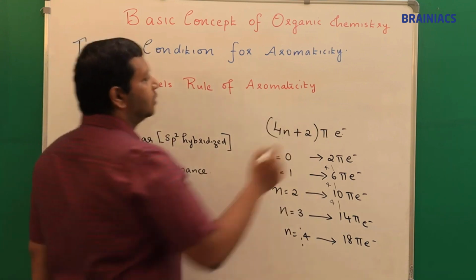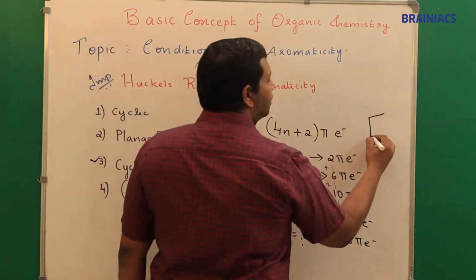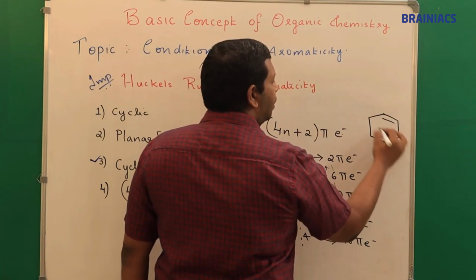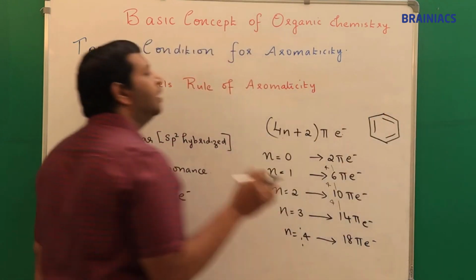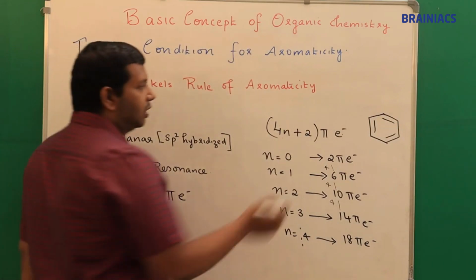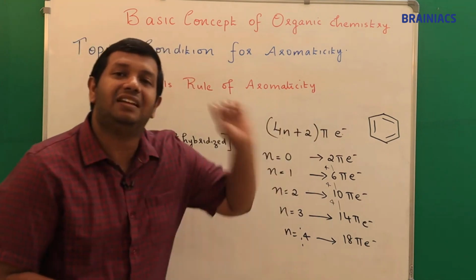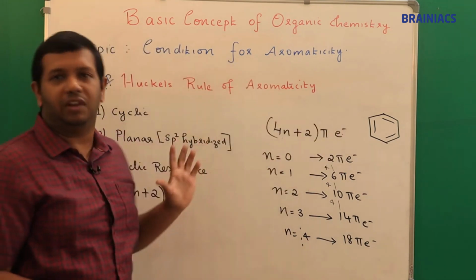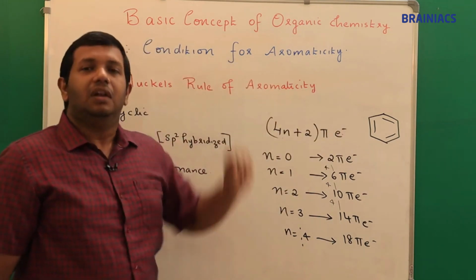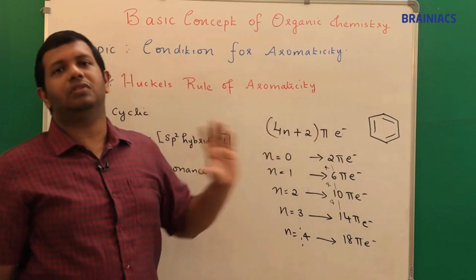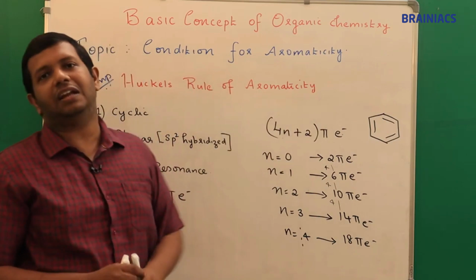What you need to do is, suppose you are given a compound like this, benzene. Again I am taking the benzene. Just count the number of pi electrons, or you can say just count the number of electrons that are entering into cyclic resonance. Very, very important. You can learn like that. Count the number of pi electrons that are entering into cyclic resonance.